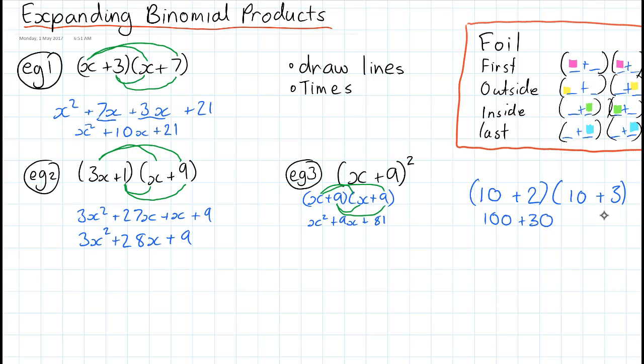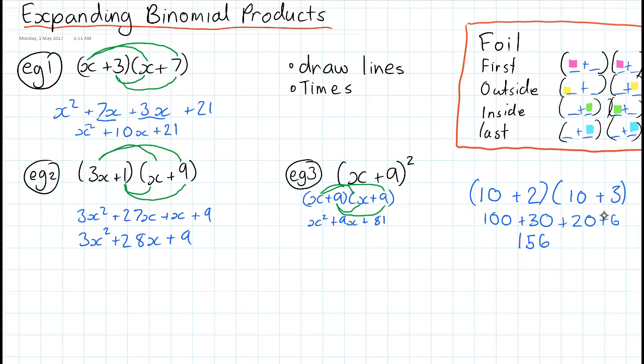Did the first ones, did the outside. Now I'm up to the inside, which is 2 times 10, 20. And then the last 2 times 3, 6. So I did the first, outside, inside, and last, and I ended up with 156, which, if you'd like to check on your calculator, is 12 times 13.